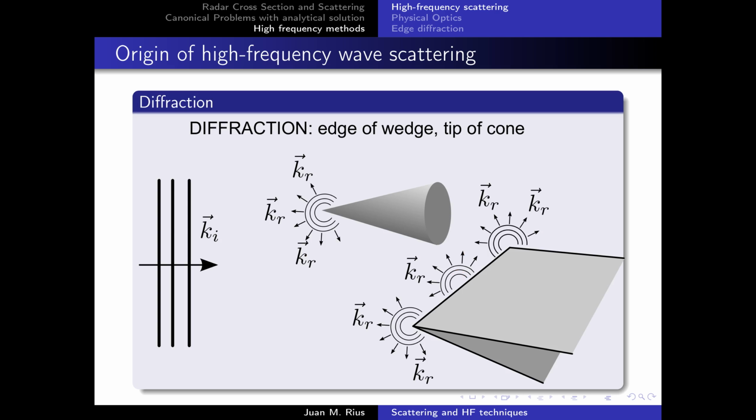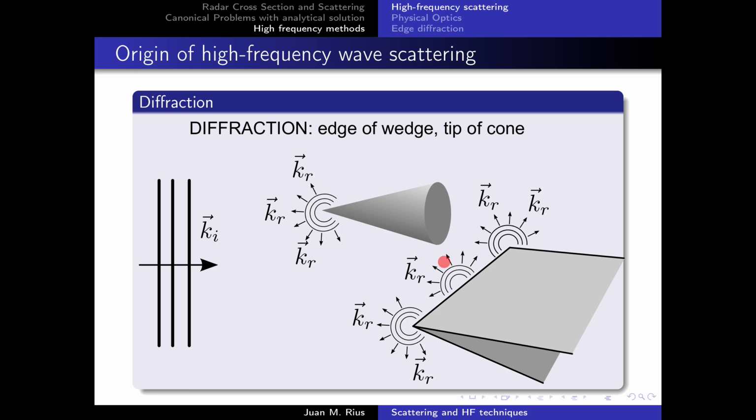But we also have diffraction. This is the second most important scattering phenomenon. We have diffraction or scattering at edges here, but also at tips, like here, or the cone tip here. All these are diffraction phenomena, and what is important in these diffraction effects at edges and tips is that the scatter field travels in many directions.